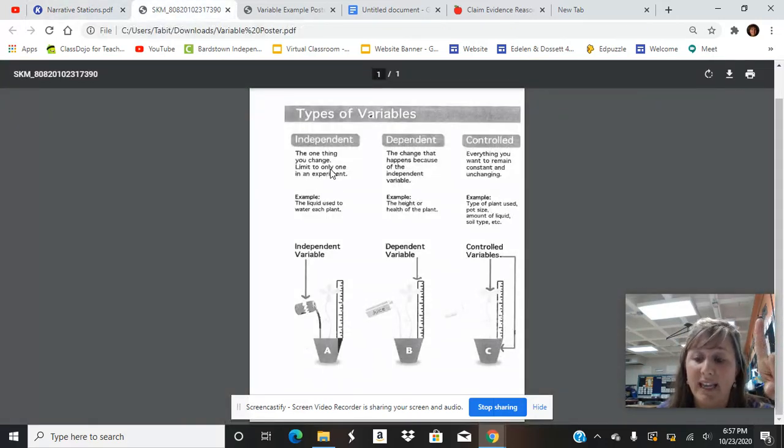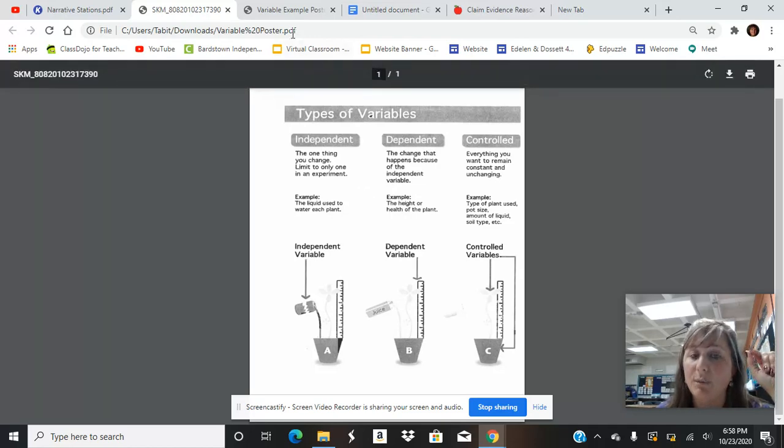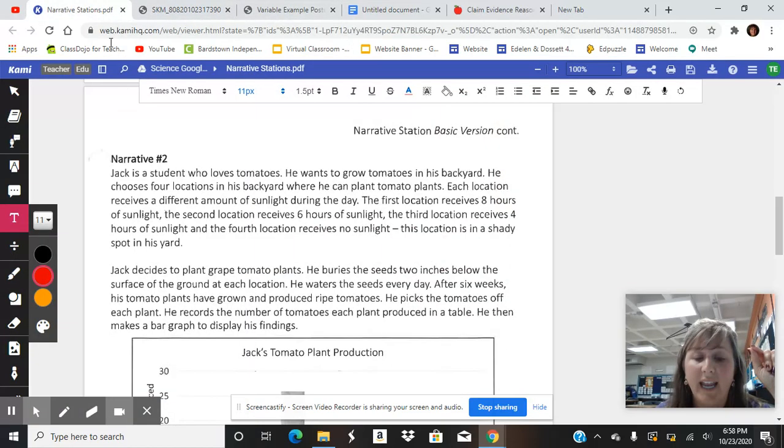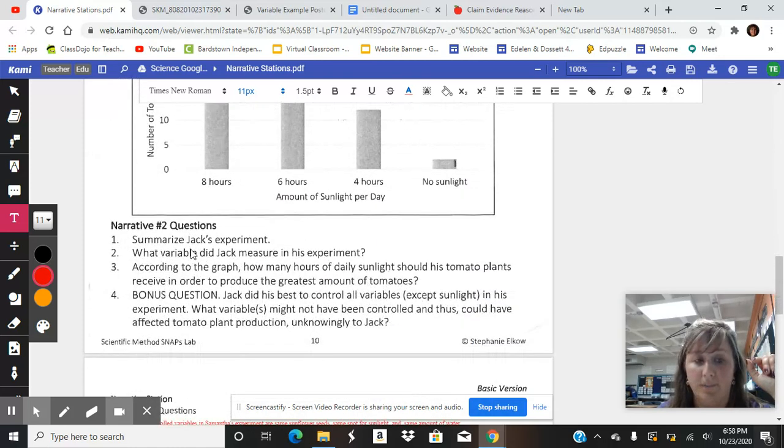The one thing that he's going to change. What's the dependent variable? What is happening because of this experiment? What's he trying to gain from it? The control variables are what he keeps the same. So you need to remember that. And you're going to answer the following questions about Jack's experiment on your own.